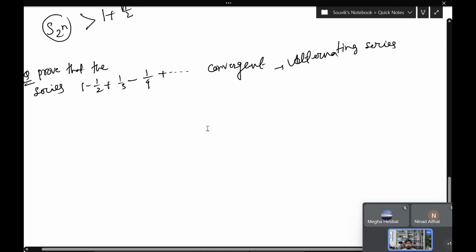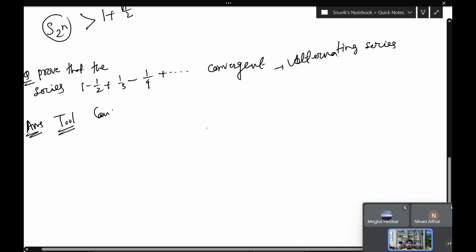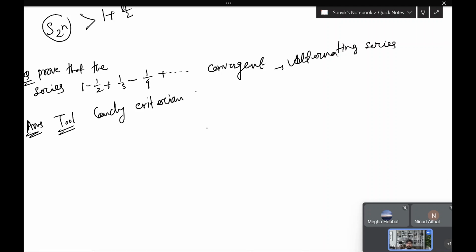Okay, so let's see how to solve this type of problem. First, the main technical tool that is needed here is the Cauchy criteria of convergence.